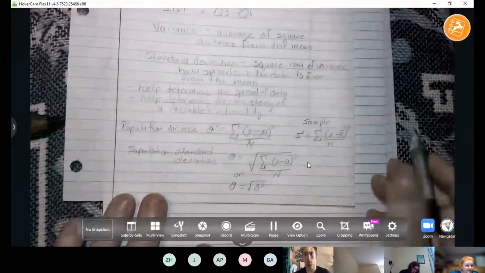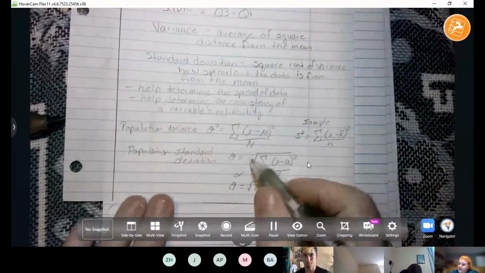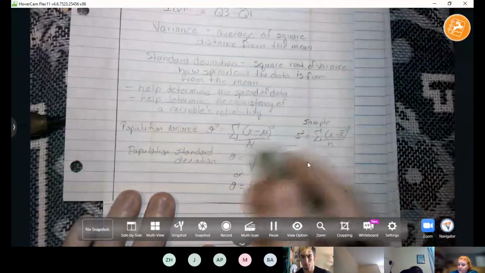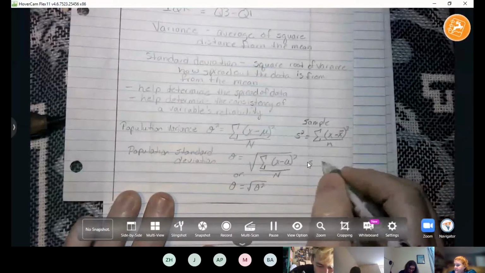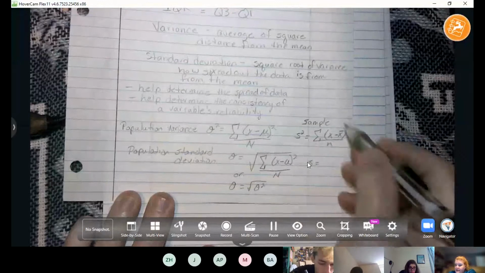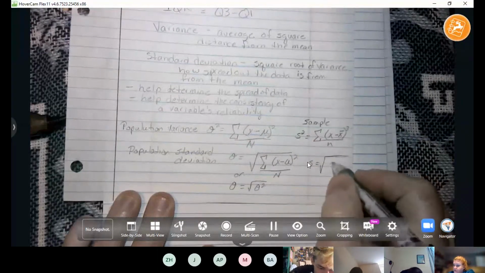So then for standard deviation, instead of that curlicue symbol, you're again going to have the letter S and that same formula, but you're taking the square root of it.